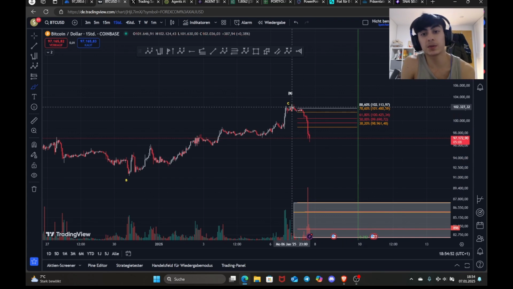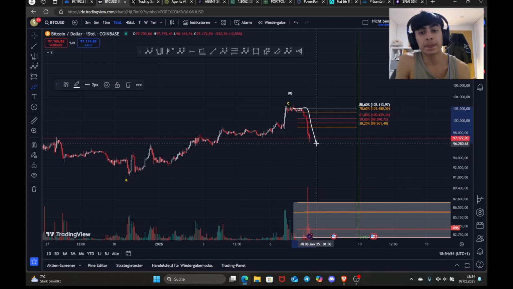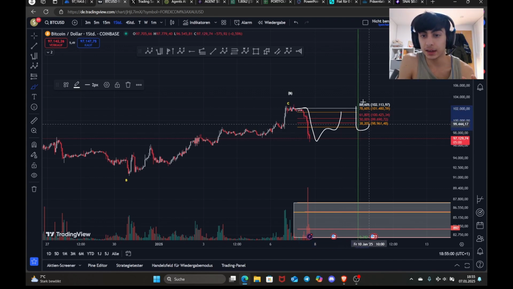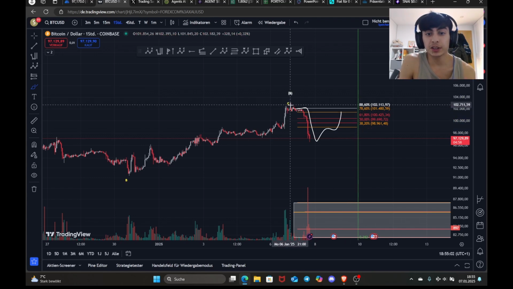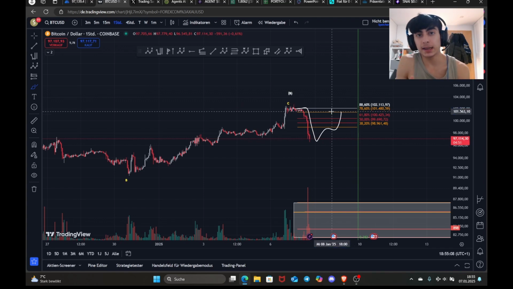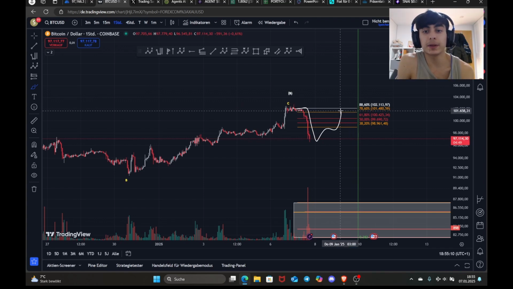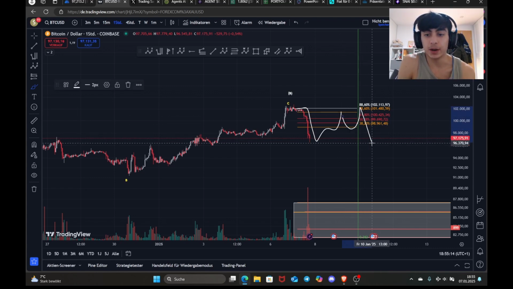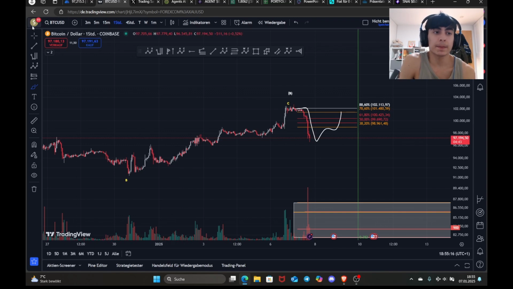Or what is also possible is that this is a wave W. We see a wave X in a high retracement, but before finishing this after this green line, so this could be a wave W. We're looking here at a wave X, but not as a double zigzag, but as a complex structure where we maybe have a triangle in Y, or you would have then a flat in Y. That's also possible.